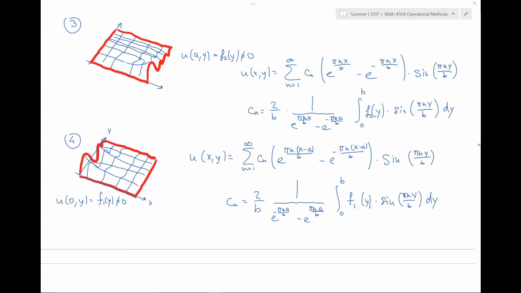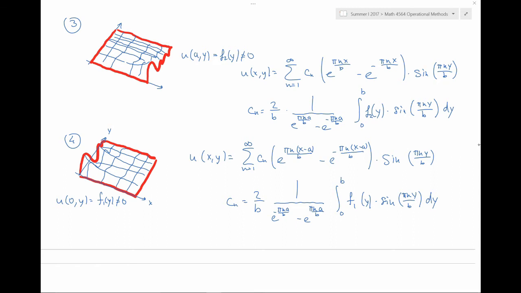So for example, if I add up the solutions for cases 3 and 4, you can see that I will preserve the upper and lower boundary being 0, and the left and right boundary will be exactly what they're prescribed for these 2 cases separately. So when I add them together, they will give me a solution to the problem where 2 of the boundaries are non-zero. There's one problem though.